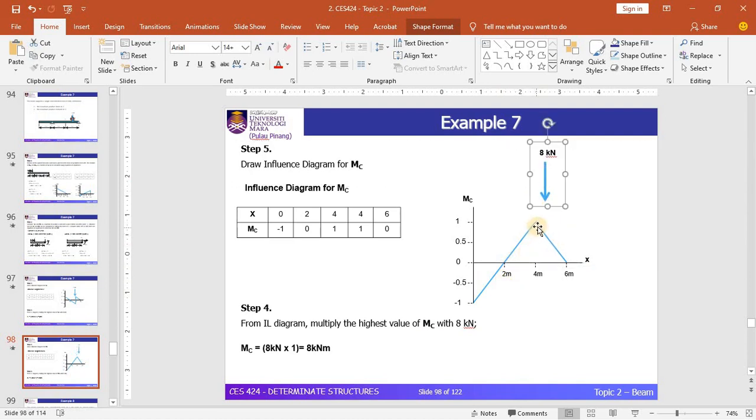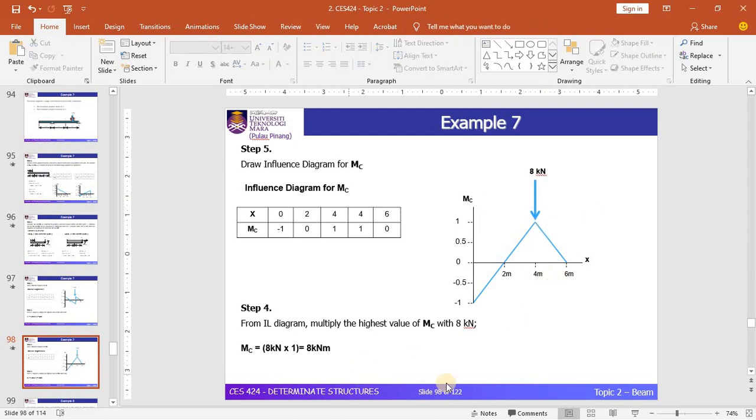Obviously, you can see that the peak point is located here, which is 4 meters from the free end. So for sure, you need to put this 8 kilonewton point load at this particular point.